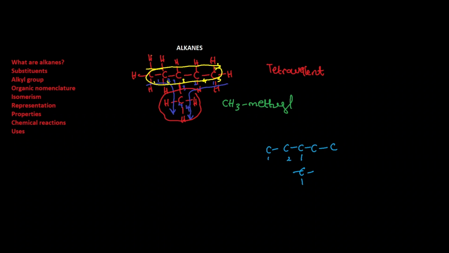So if we start counting from here, we would have 1, 2, 3. So the methyl group would be attached to the third carbon atom. And if we start counting from here, we would have 1, 2, 3. So we can see that either way the methyl group occupies the third position. It has the number 3. So this particular compound is going to be named as thus.